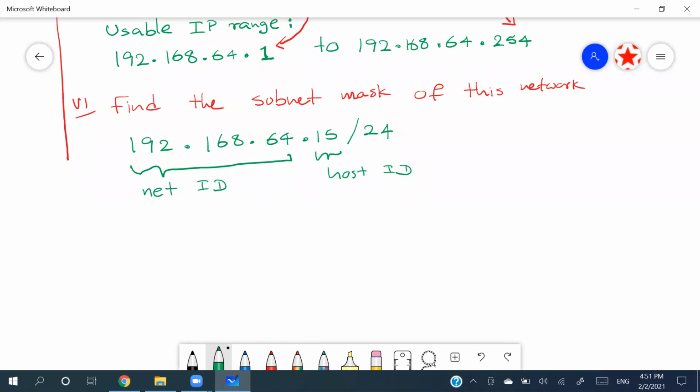So setting net ID into all ones means all 8 bits of the first octet must be ones, and the next octet also all 8 ones, because all net ID bits must be ones.